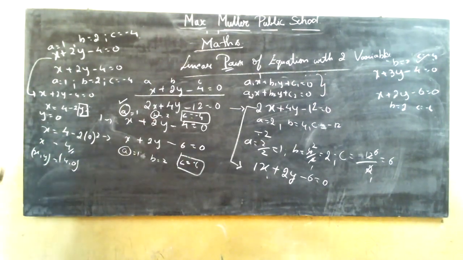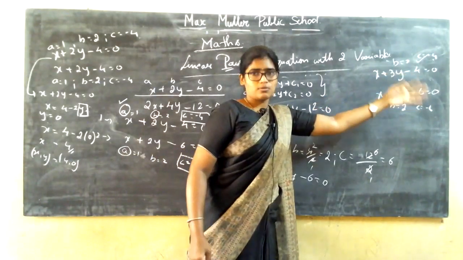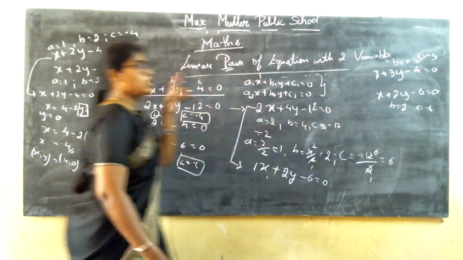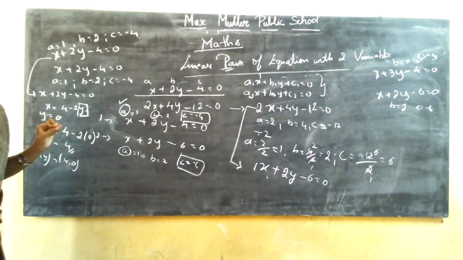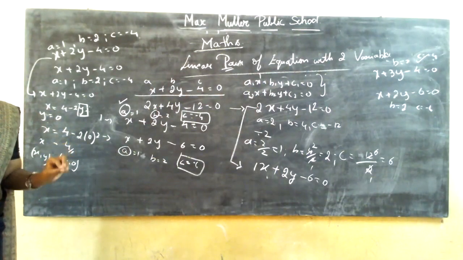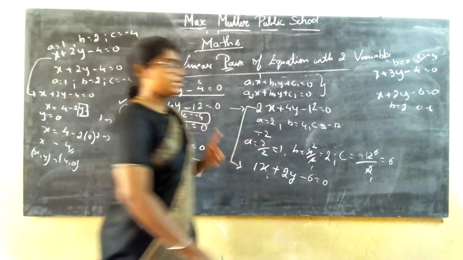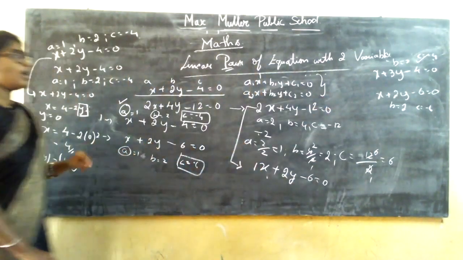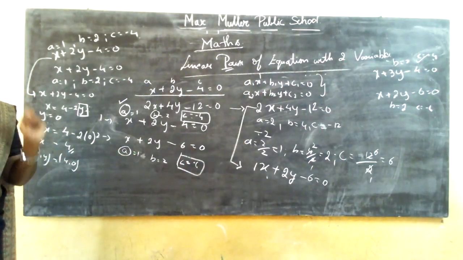It might be A terms or the C terms or the B terms, but two terms, that is two alphanumerical terms, should be of different number. If it is of different number in both the equations, then you are going to say it as intersecting lines. Clear about that? And you will have only one point intersecting in both the lines.